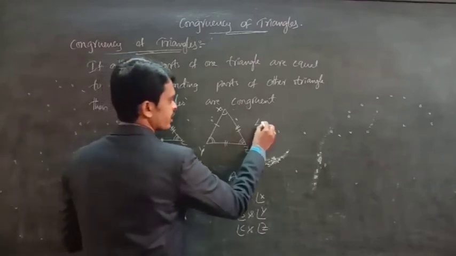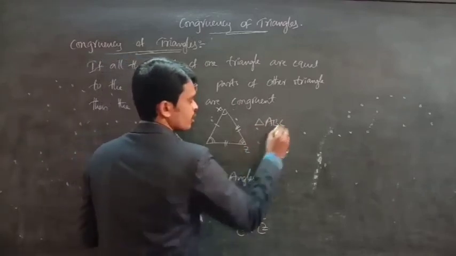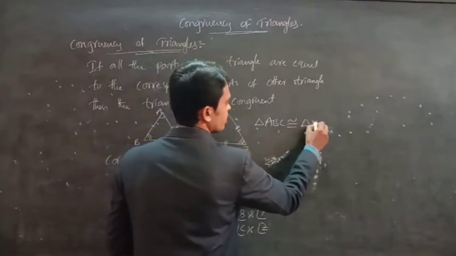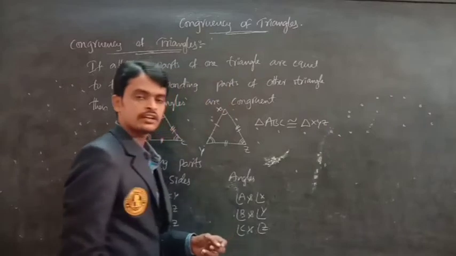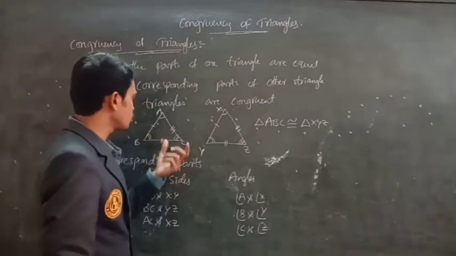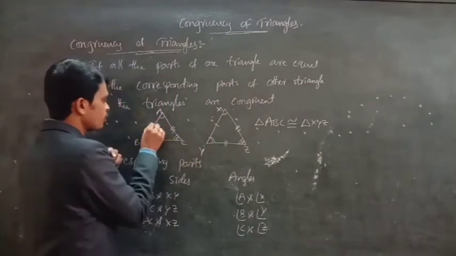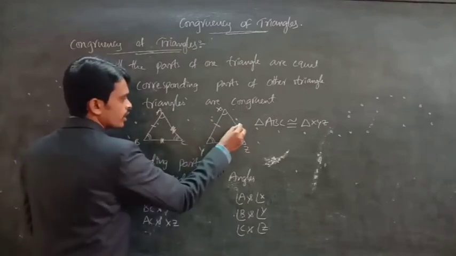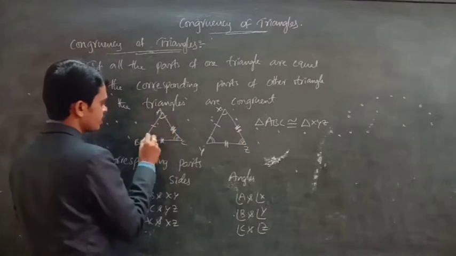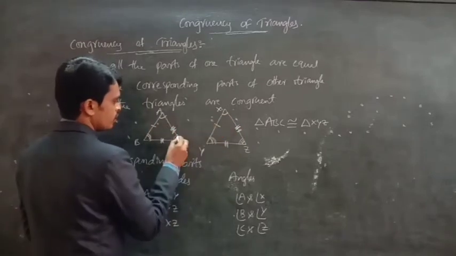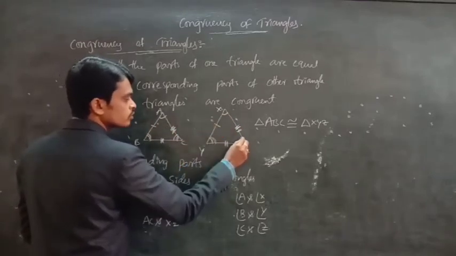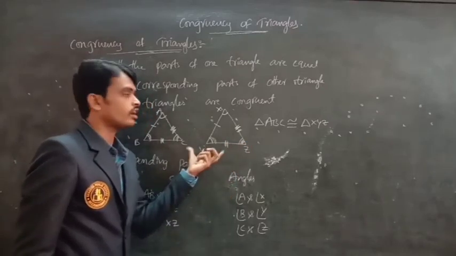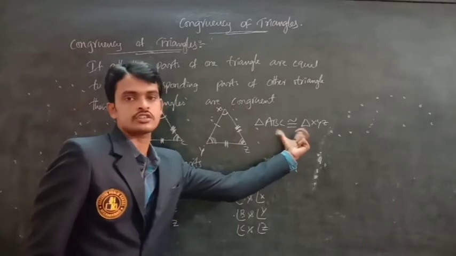We write triangle ABC is congruent to triangle XYZ.